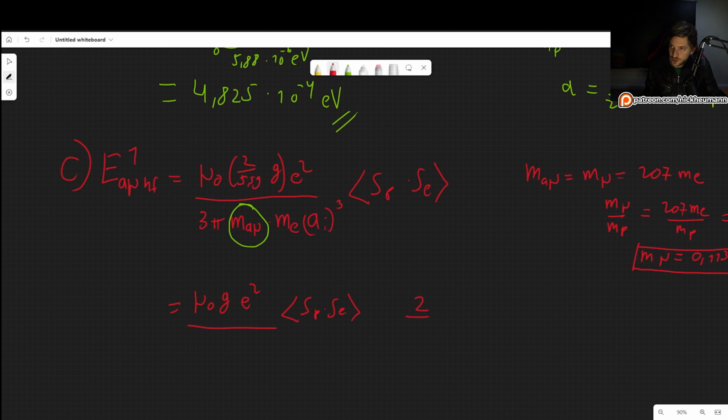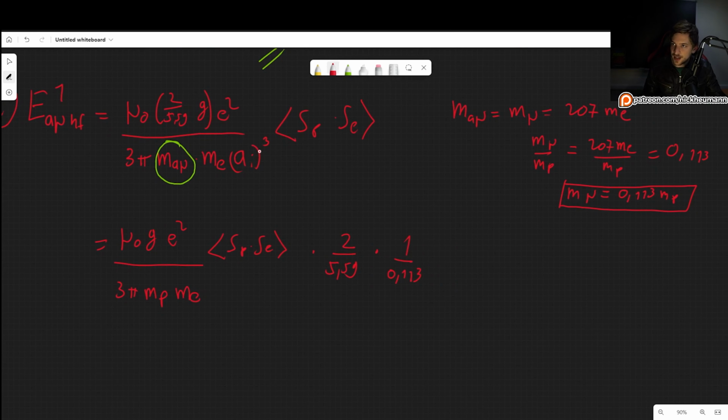So I will have 2 divided by 5.59 times 1 divided by 0.113. And down here we have 3 pi mass of the proton. So there we go. The mass of the anti-muon now changed into 0.113 times the mass of the proton. The mass of the electron remains the same. We haven't done anything to the electron.